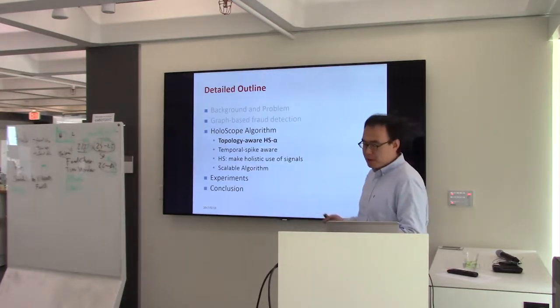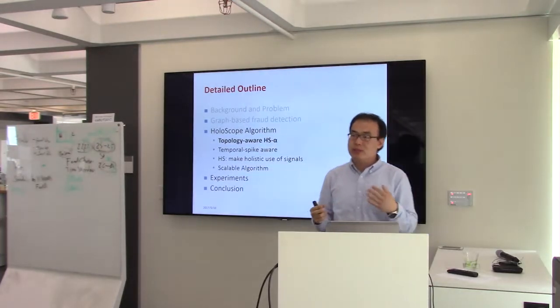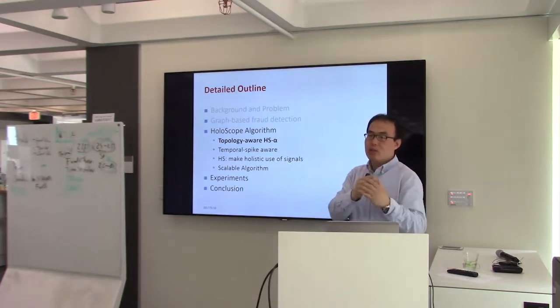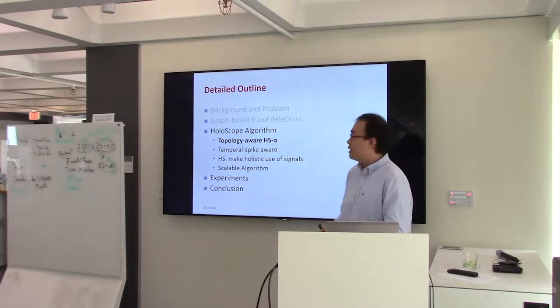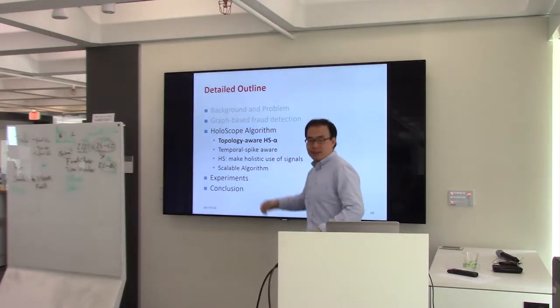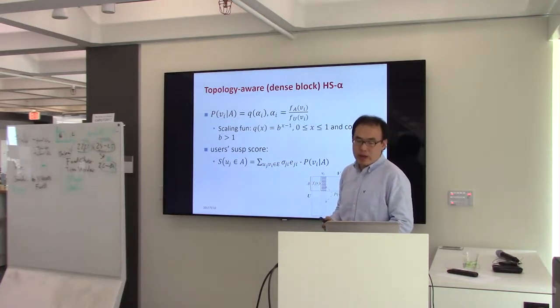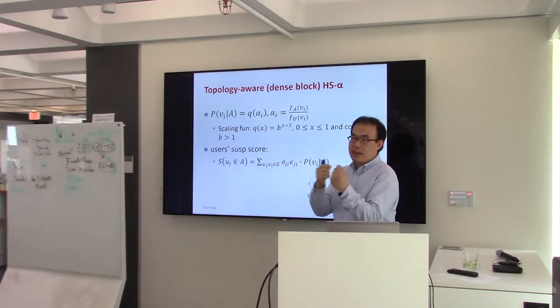First of all, I will bring you to a simple case where we only consider the connections without temporal information. We call that HSR. In that case we also call it topology-aware, because it only considers the connections in the graph.